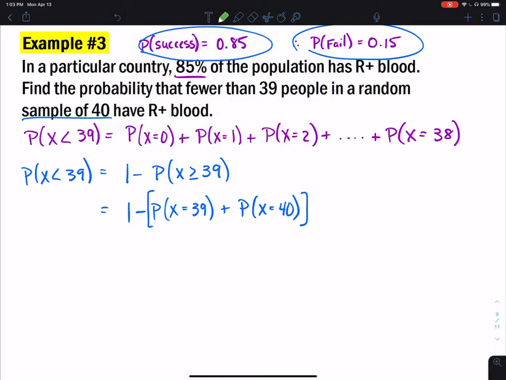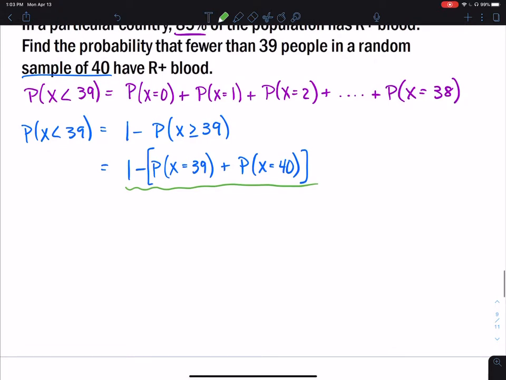Once you've established this notation and you understand what it is that you need to find, then you can come off to the side and do each one of these individual probabilities. So let's figure out the probability that 39 people have it. To do this, you can just set it up like we did the last few.